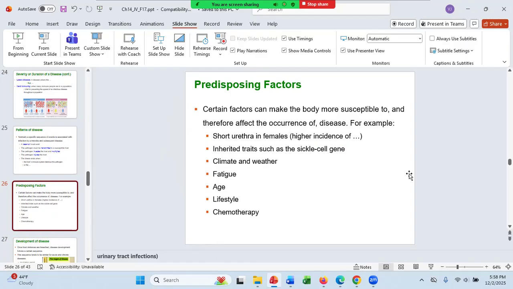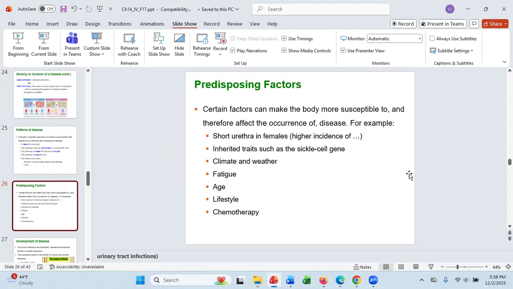There are certain factors that can make the body more susceptible to and therefore affect the occurrence of disease. These we call predisposing factors. For example, females have a shorter urethra than males, and females have a much higher incidence of a urinary tract infection than males.